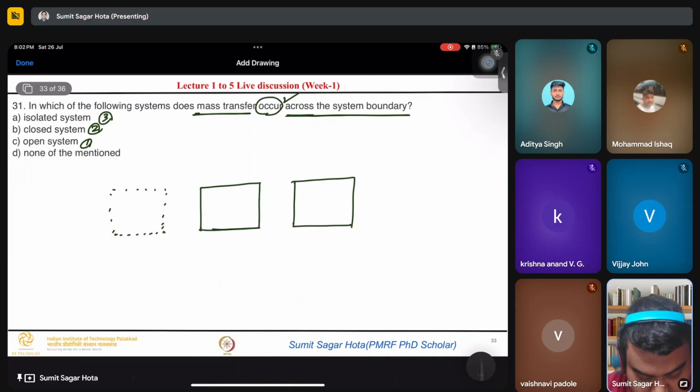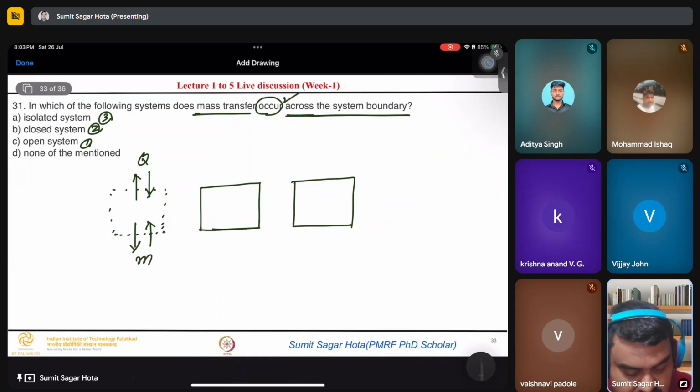The system in which heat can transfer in and out of the system, and your mass can come in and go out, is called your open system.